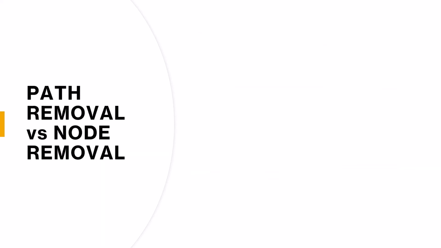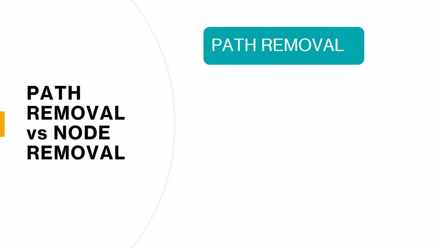Talking about path removal versus node removal, in the case of path removal, we would remove an entire solution path from the database. So essentially, we would remove all the nodes from that path before attempting to look for an alternative solution. In terms of code, this would run within a loop, right?